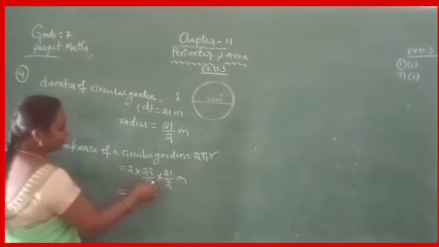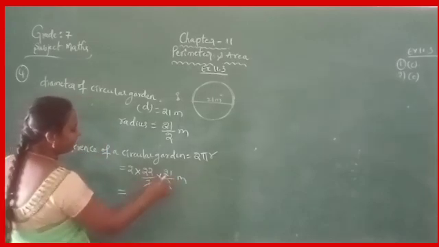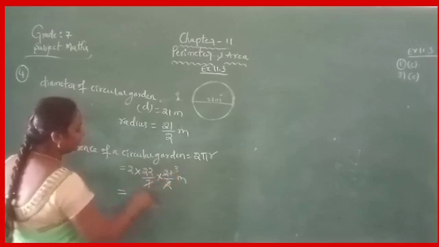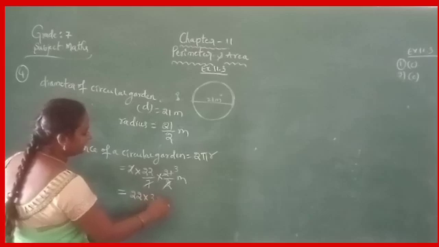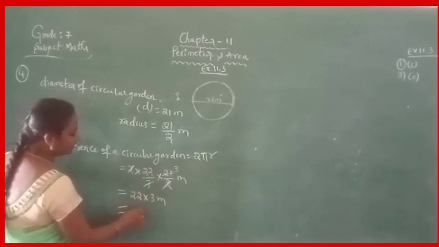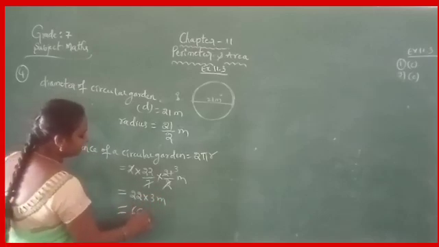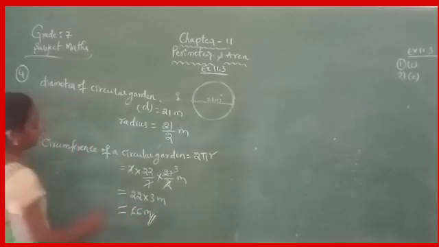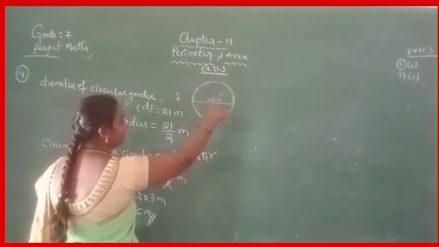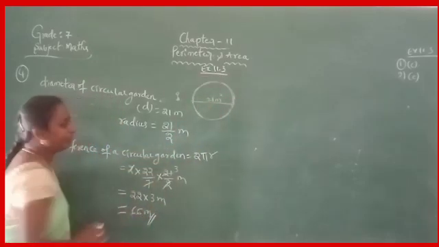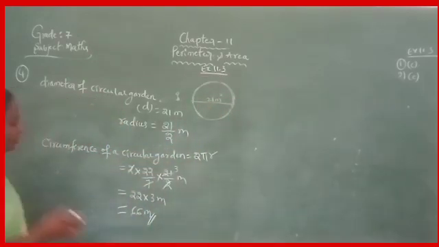Now simplify. 7 ones are 7, 7 threes are 21, the 2s cancel. Then 22 into 3 meters. Multiply: 3 twos are 6, 3 twos are 6, so 66 meters. What is the circumference of this circular garden? 66 meters.